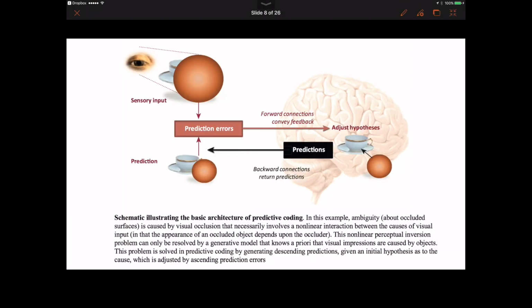So here then is an example. You have sensory input coming in here. You look at a coffee cup. The coffee cup is partially occluded by a structure here, let's say, and the prediction is that this is what you should see. And your visual system can edit out the occlusion that has occurred by an interfering object and tell you, yes, in fact, this is a complete coffee cup and not just some fragment of a coffee cup.